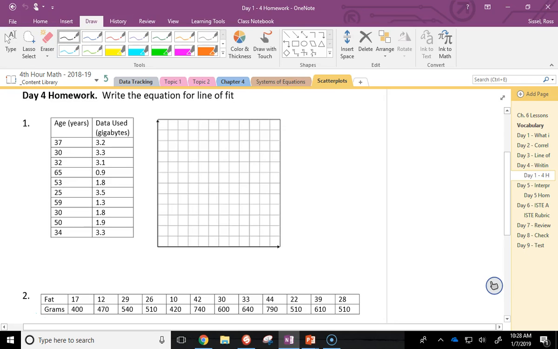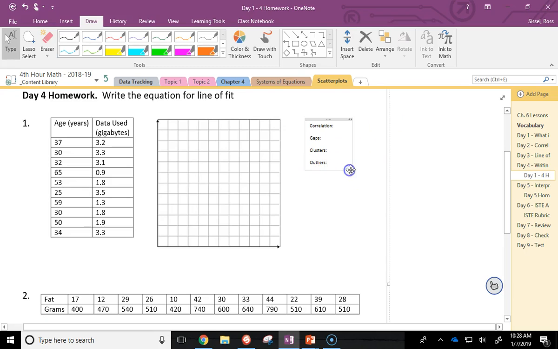Boys, we're taking longer to do things when I have people talking. On each one, I want you to tell me, what is the correlation? What are the gaps? What are the clusters? And are there any outliers?